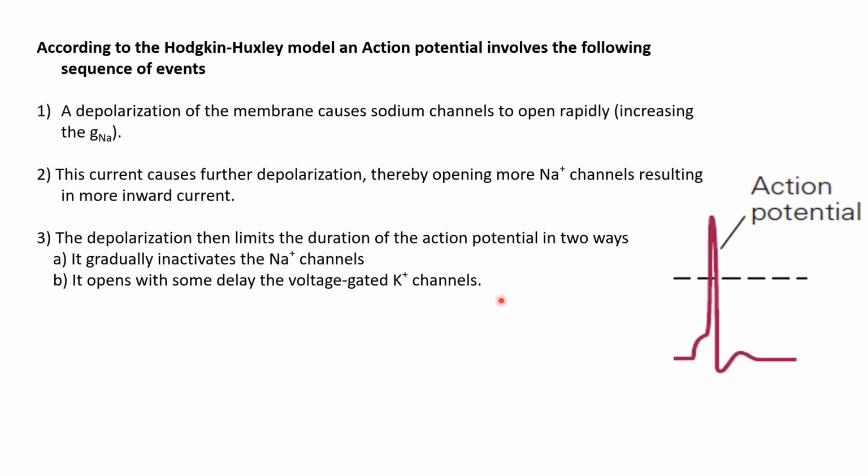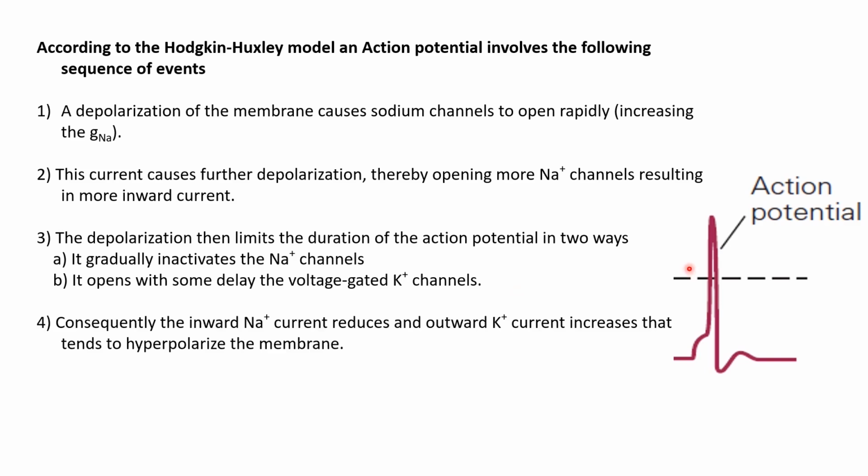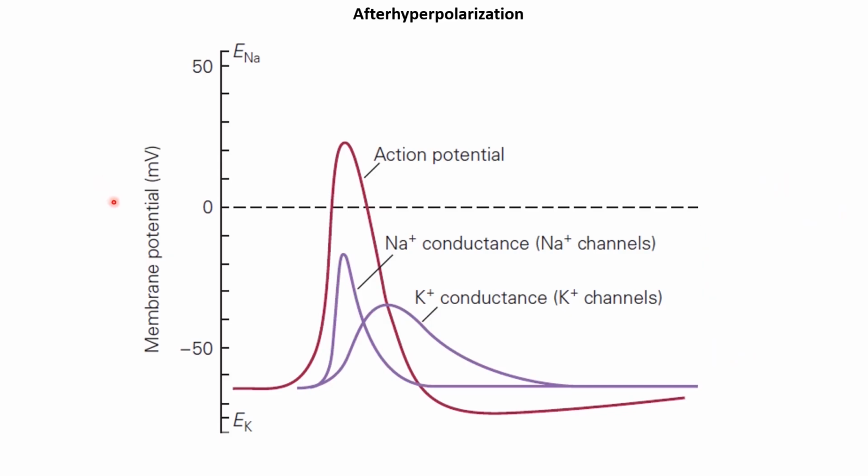As this happens, the membrane potential stops increasing and then eventually starts to fall, and we see a very rapid fall in the membrane potential. So this is what causes the sharp rise and then a sharp fall. The rising phase is because of the sodium ions and the falling phase is because of the potassium ions. So this model nicely describes the shape of an action potential.